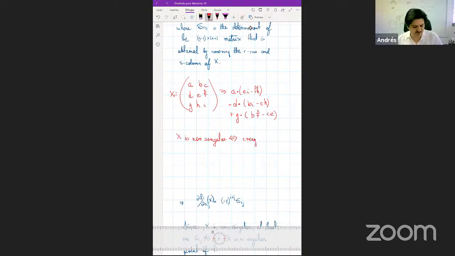Well, it's not every, it's at least one. I don't know how to put it. Do you remember this result? Because I only care about the minors. This is what I'm using.